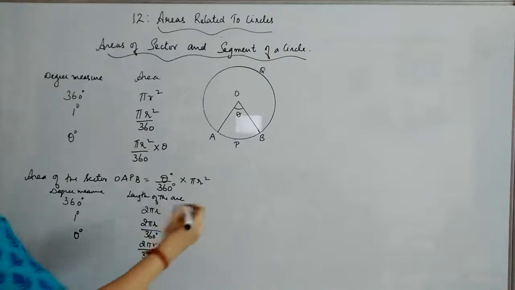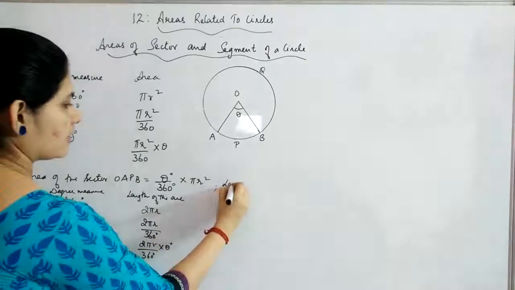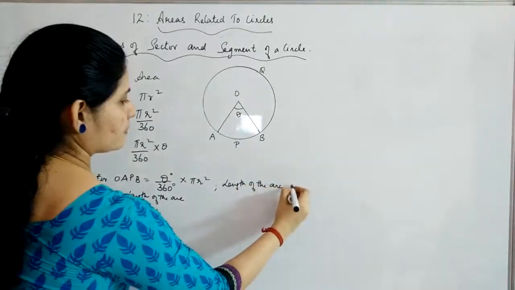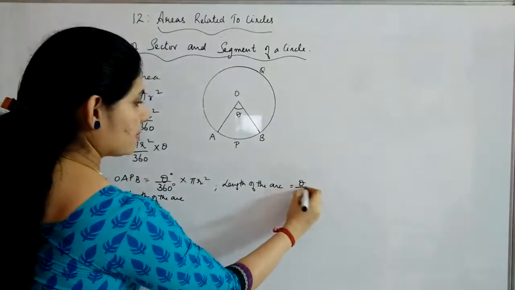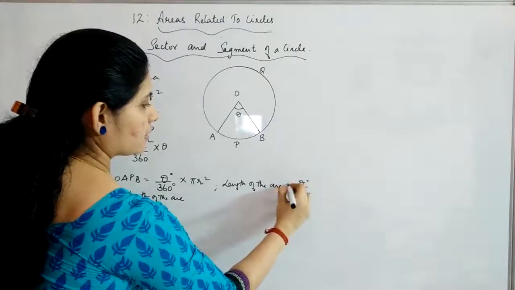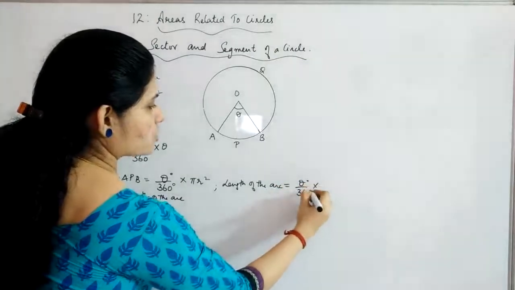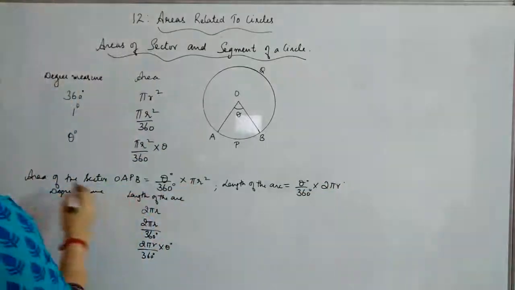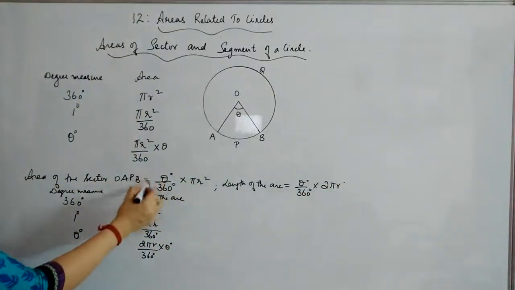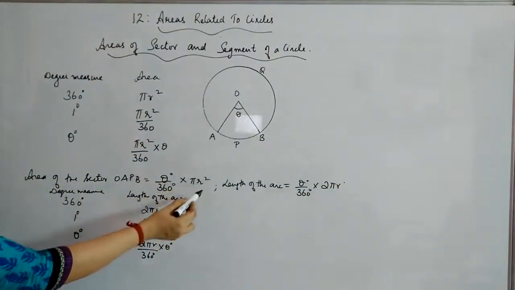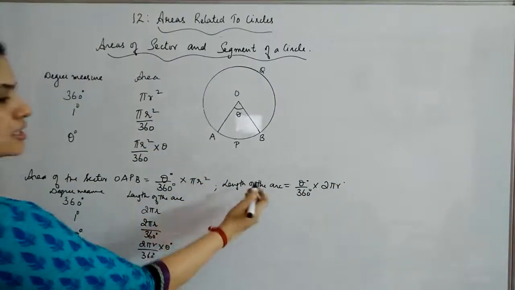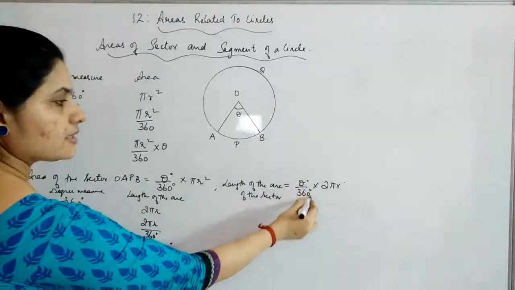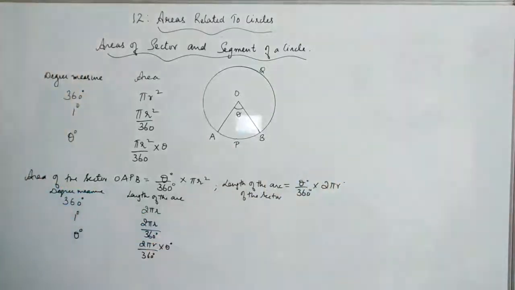That means you can rewrite this as: length of the arc is equal to theta by 360 degrees into 2 pi r. So you can see area of the sector is theta by 360 into pi r square, that is the area of the circle, and length of the arc of the sector is theta by 360 into the length of the circle.